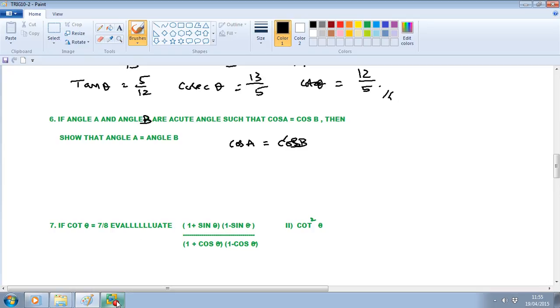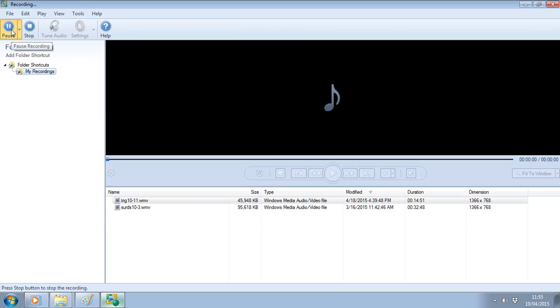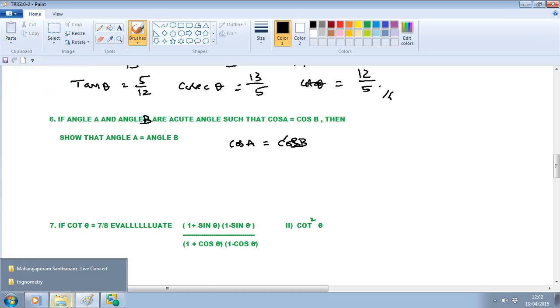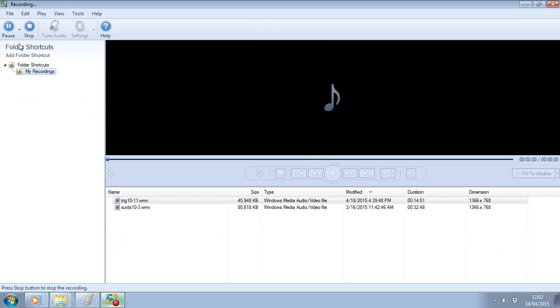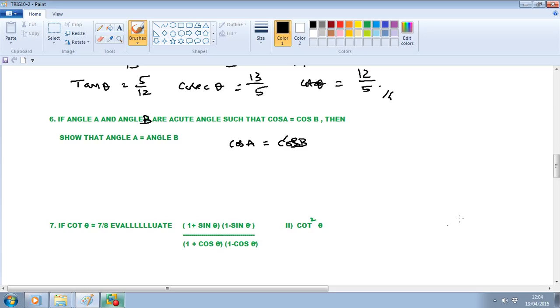So how exactly can you go about it? What is cos A? Cos A is adjacent side by hypotenuse. So let us draw a diagram.